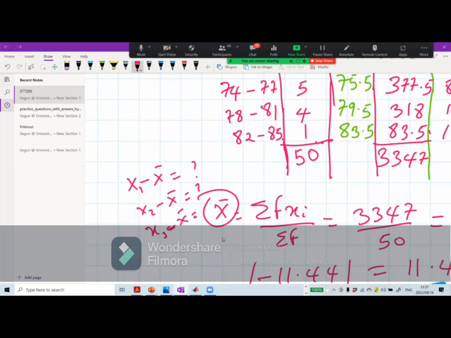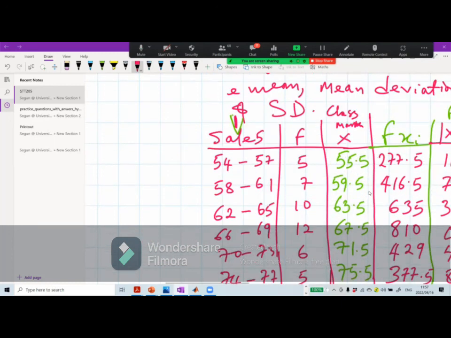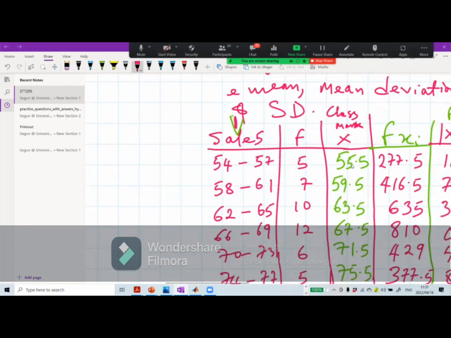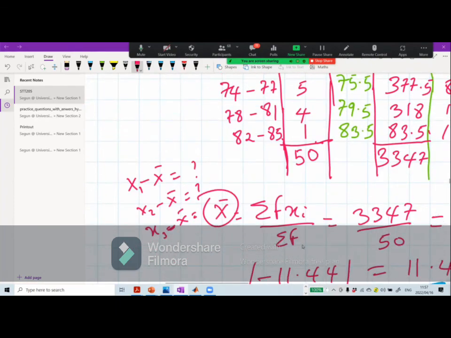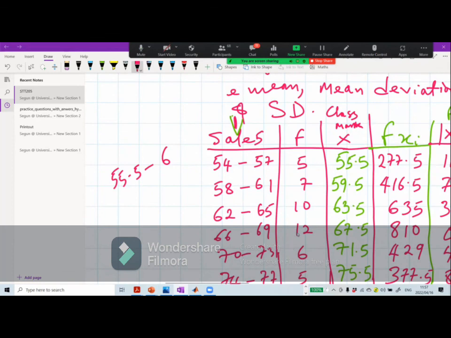So what is X1? X1 is 55.5. We now say 55.5 minus 66.94. So what is the answer?